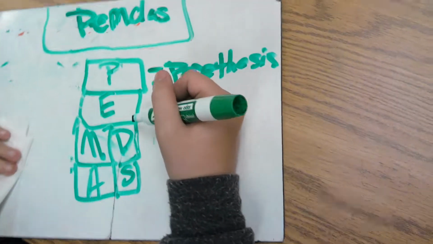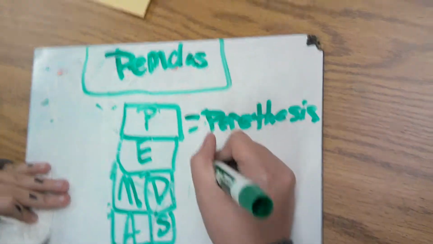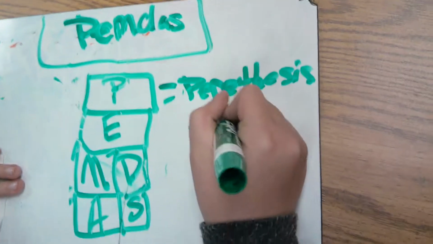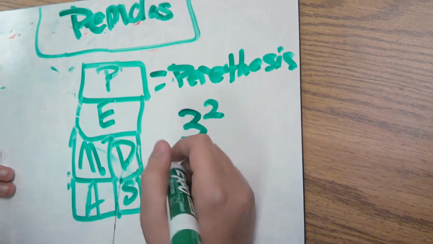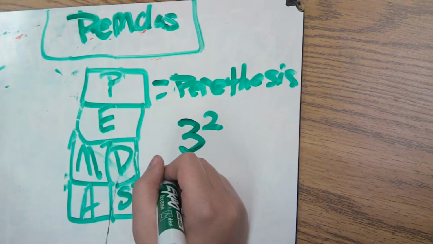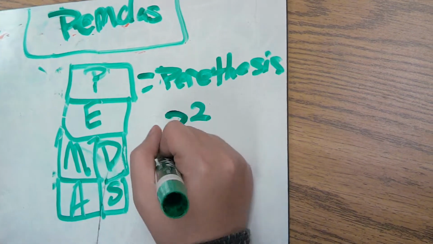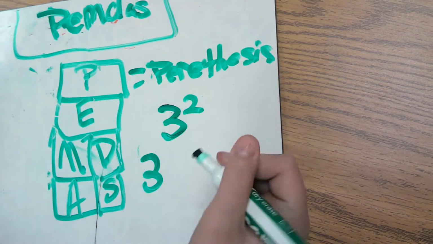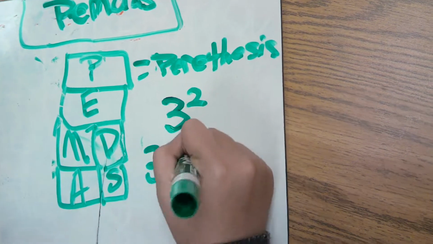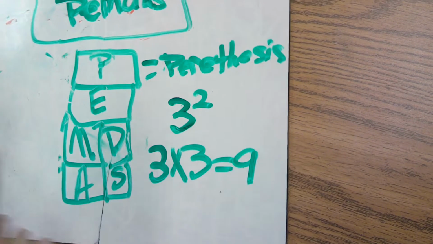And the E would mean exponents, like 3 to the power of 2. By doing this, you would have to put 2 3's and multiply them, which would give us 9.